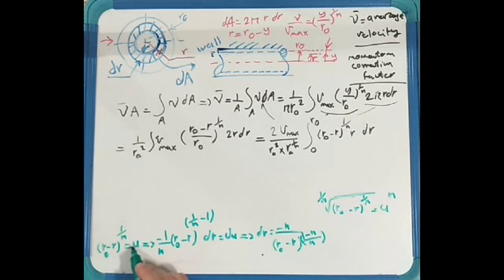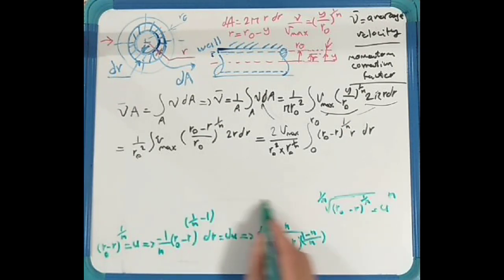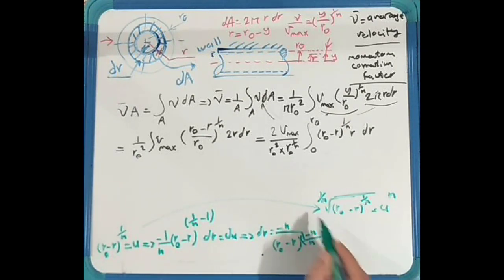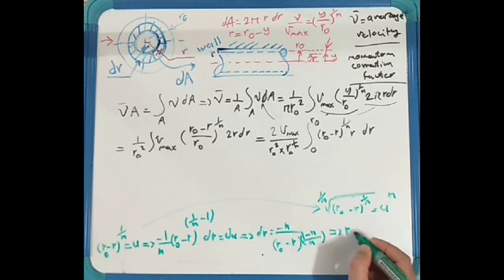If I put it, this is something like that one, and I can understand that R will be R0 minus u^n. Okay, I have these terms. I am able to find R from here, from this one.